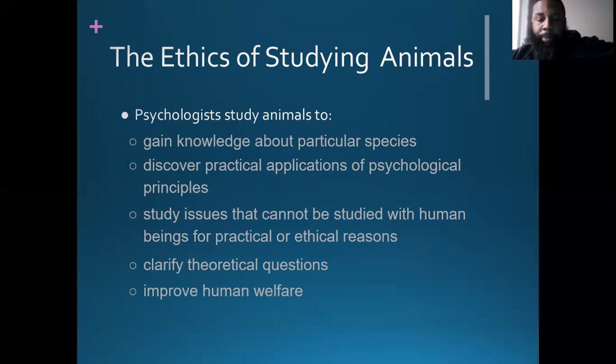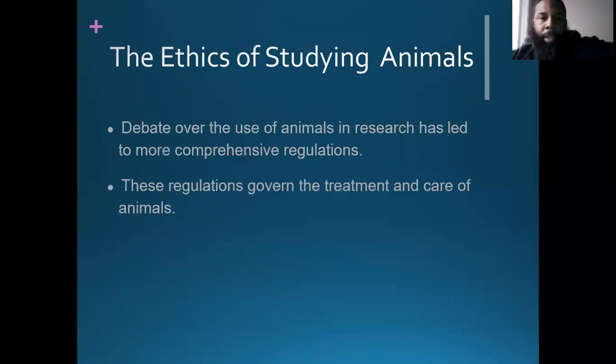I'll just leave it there. Many regulations govern how animals are treated and how they're utilized in research, as well as trying to provide the proper care and, in many cases, the proper disposal.